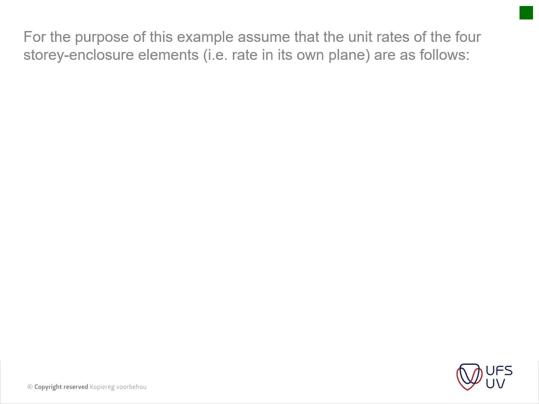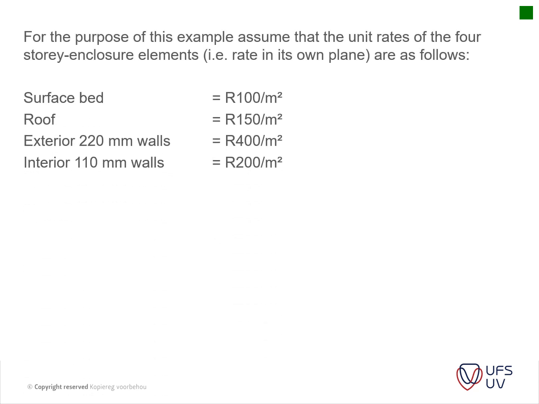So this is the historical data of the building. We've got the surface bed, which is 100 Rand per square meter. We've got the roof area, which is 150 Rand per square meter, and we've got the exterior walls, which is 400 Rand per square meter.